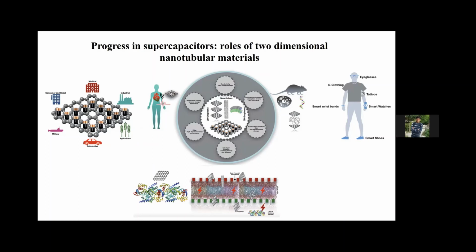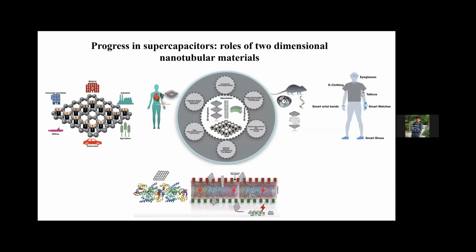Not only these things, we can use these supercapacitor devices in a pacemaker, because this is a compact type of structure, and the long cycle stability and safety are also very good.